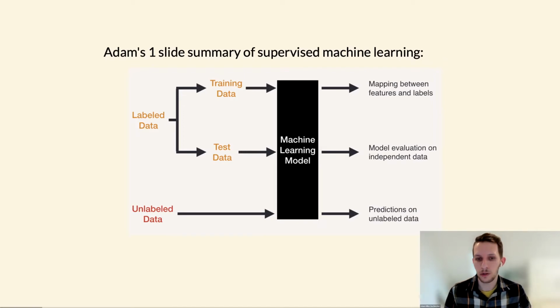Because once we've learned the rules from the training data, we can pass the test data into the model, and we can get predictions for the test data based on the rules learned from the training data, and we can compare those predictions to the actual correct answers, to the labels of the test data. So in this way, we're able to evaluate how well the model works on independent data.